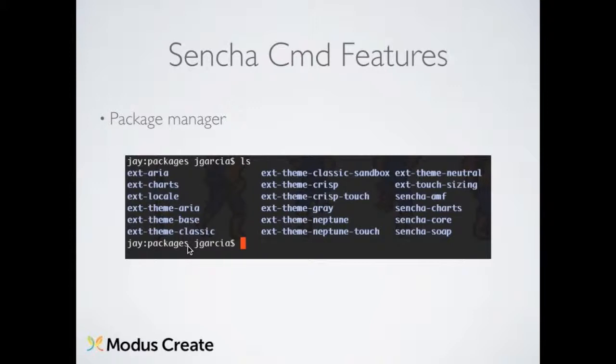But the reality is if you don't need them, they're not in there by default, which actually reduces the load on your applications altogether. All of the themes for your applications are going to be placed in packages as well. And the core of Sencha Touch and Ext JS is known as Sencha Core. That itself also is its own package.